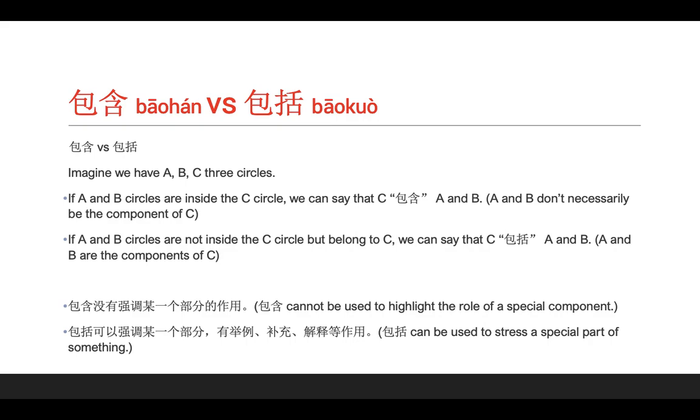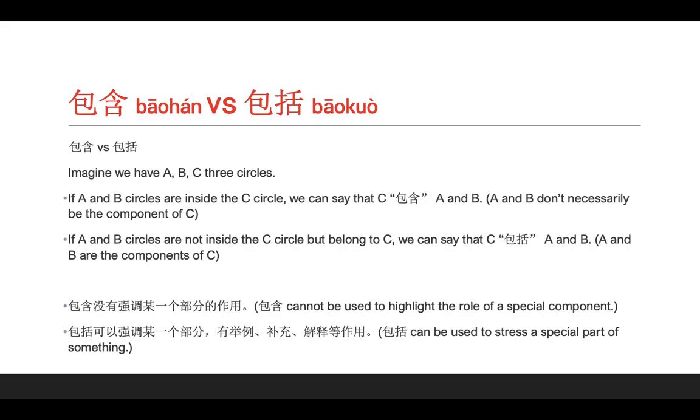If circles A and B are inside the C circle, we can say that C 包含 A and B, but the circles A and B don't necessarily have to be components of C. Another case will be if A and B circles are not inside the C circle, but they all belong to C. So we can say that C 包括 A and B, and in this case, A and B are the components of C.